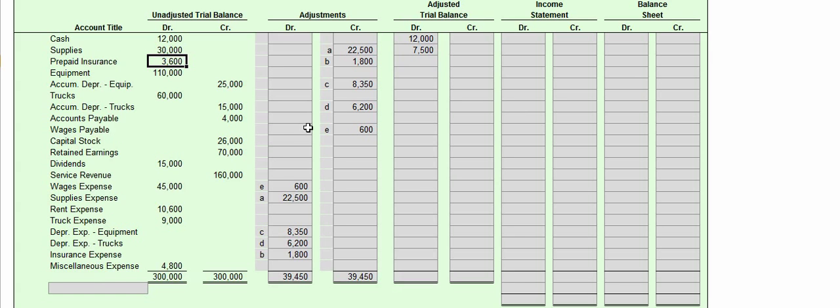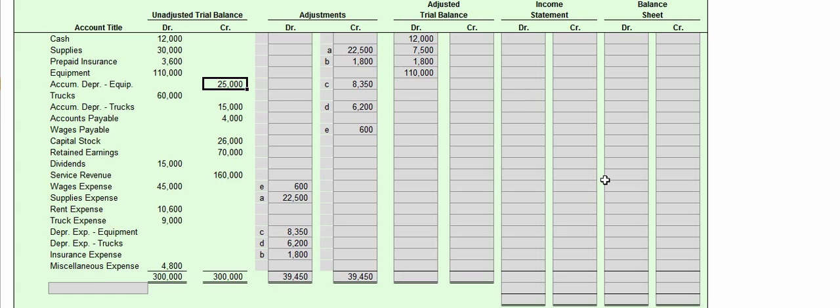Prepaid insurance, we've got a debit for $3,600, a credit for $1,800. So we'll subtract, and that makes our new balance a debit of $1,800. With equipment, we've got a debit balance for $110,000, no adjustment. So our debit balance remains $110,000. Okay, accumulated depreciation equipment.